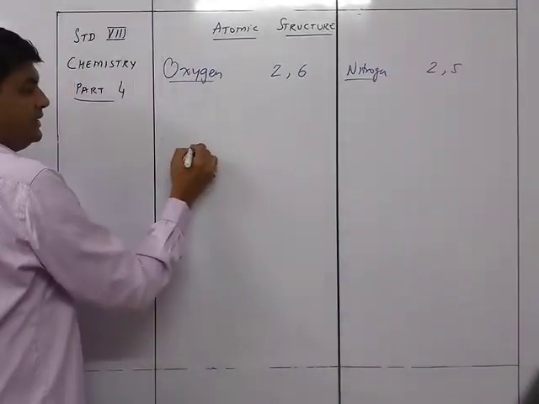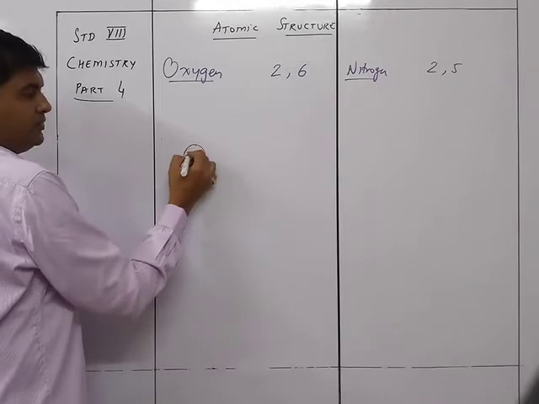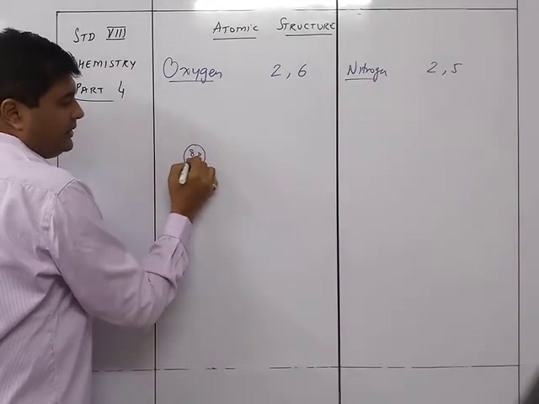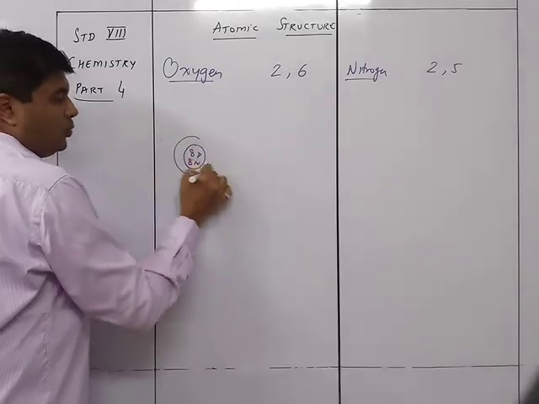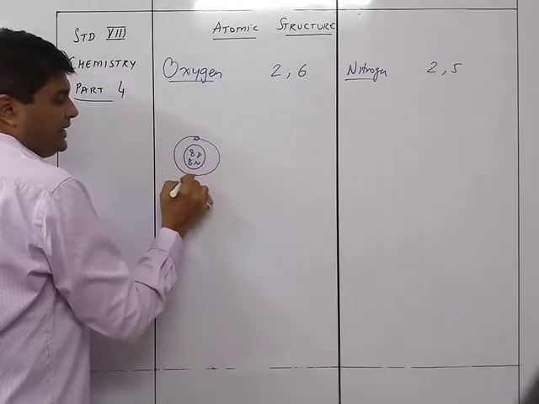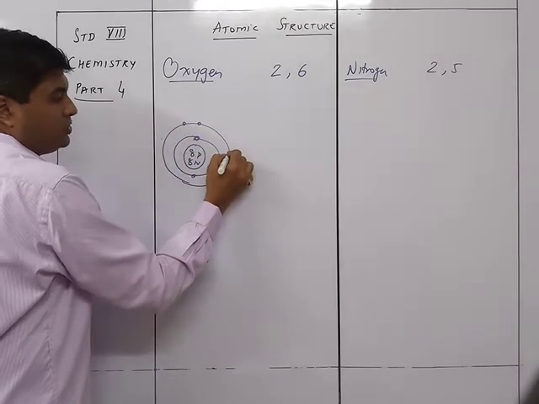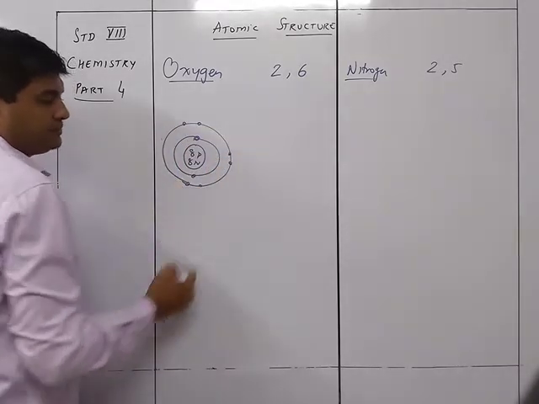So it is this way. There is one atom which is the nucleus containing 8 protons and 8 neutrons. One shell containing 2 electrons, and the second shell containing 1, 2, 3, 4, 5 and 6.